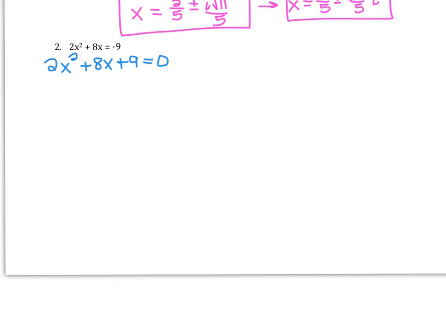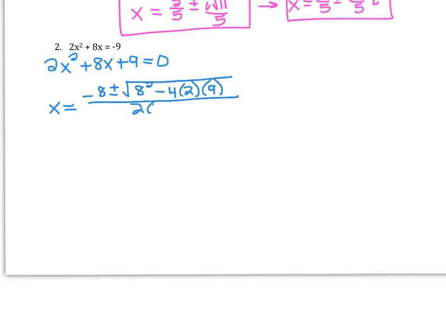So when I plug it into the quadratic formula, I have x equals, so negative b would be negative 8 plus and minus the square root of b squared, so 8 squared, or if you prefer to just write 64, that's fine too, minus 4 times a, which is 2, times c, which is 9, and that whole entire thing is going to be over 2 times a.